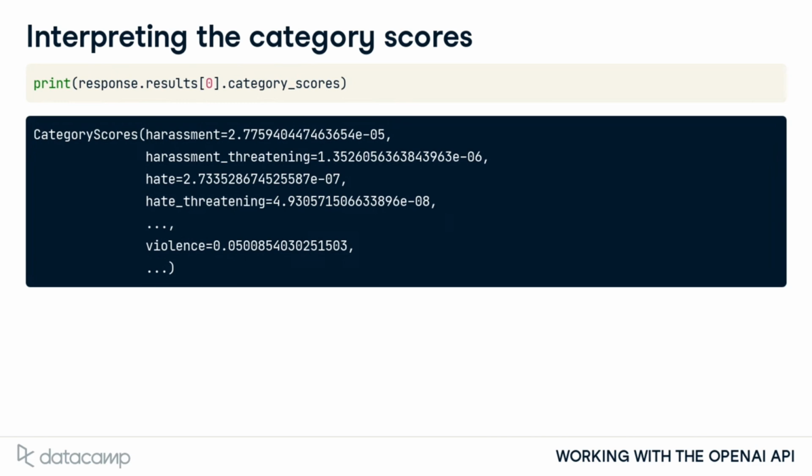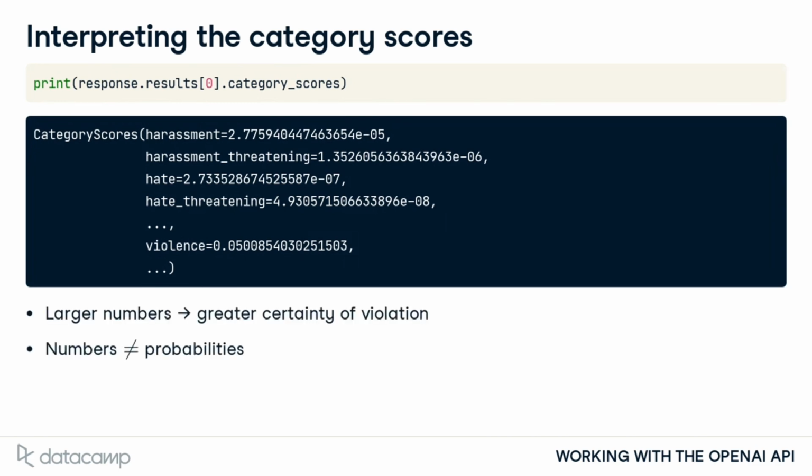The scores can be between 0 and 1, and although higher values represent higher confidence, they should not be interpreted as probabilities. Notice from the small numbers, including in the violence category, that OpenAI's moderation model did not interpret the statement as containing violent content. The model used the rest of the sentence to interpret the context and accurately infer the statement's meaning.